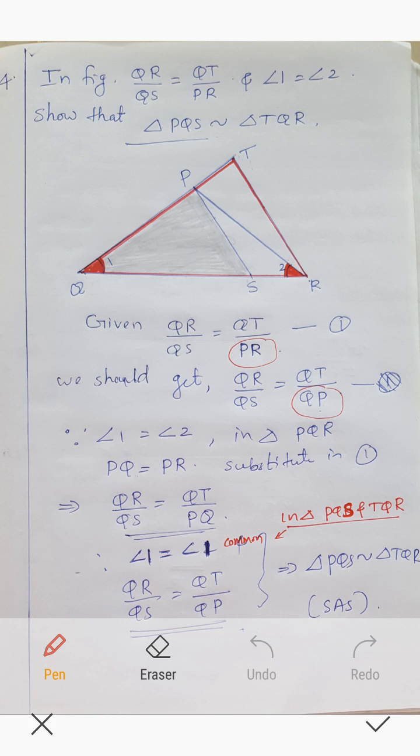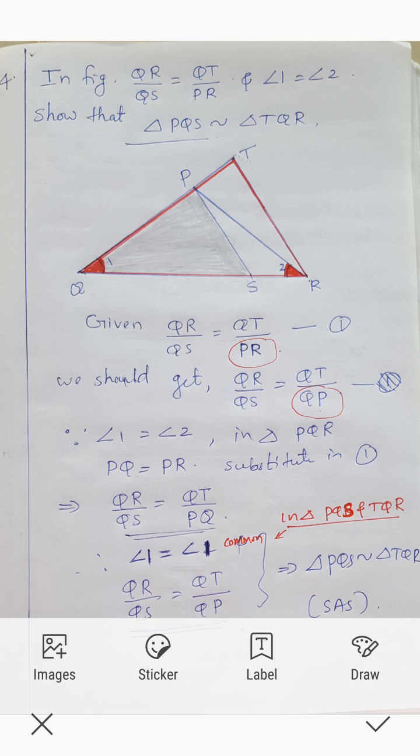After that, go to the triangles once again. In the small triangle, angle 1 equal to angle 1 in the big triangle. That means angle 1 is a common angle. Then QR by QS equal to QT by QP.